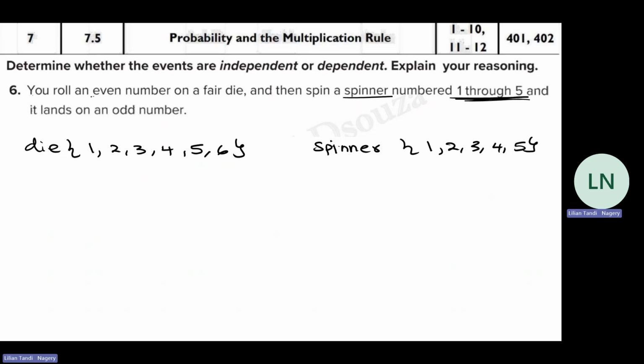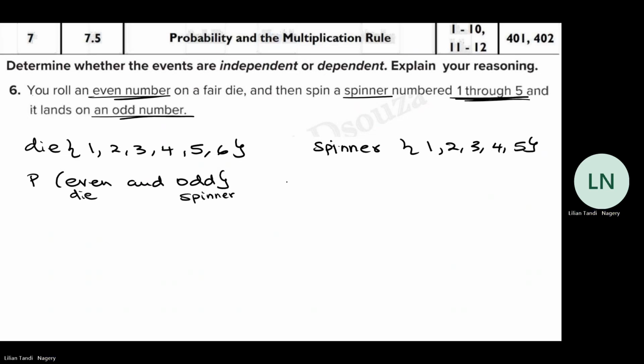You roll an even number and then an odd number. So probability of even and odd. Even on the die and odd on the spinner. So this will be probability of even on the die multiplied by probability of odd on the spinner.